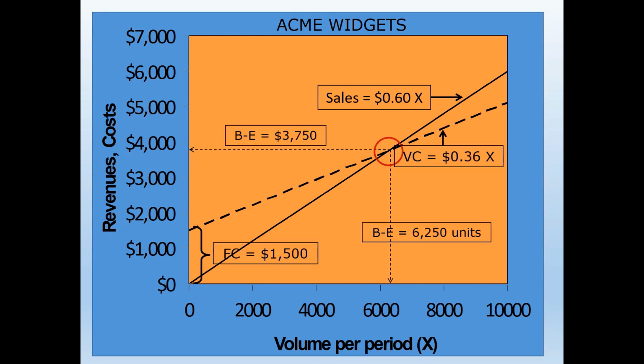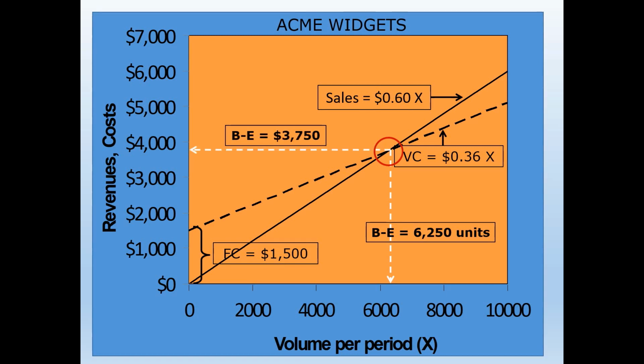The place where the revenue line and the total cost line intersect is break even. That's the point on the graph where sales revenue exactly equals total costs. If we go down from break even to the x-axis, that will tell us how many units the firm has to sell in order to break even.